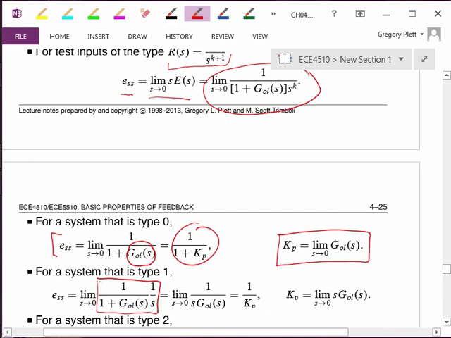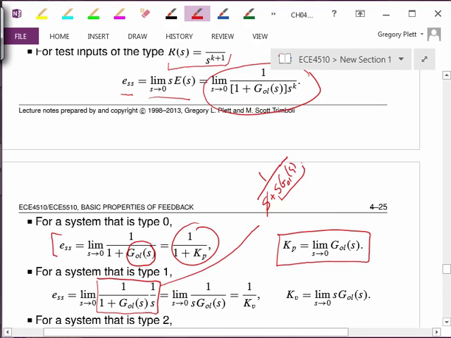And notice that when I do that multiplication, the s times 1 would give me 1 over s plus s times G open loop of s. And as s goes to 0, this term goes to 0, and this term potentially does not.